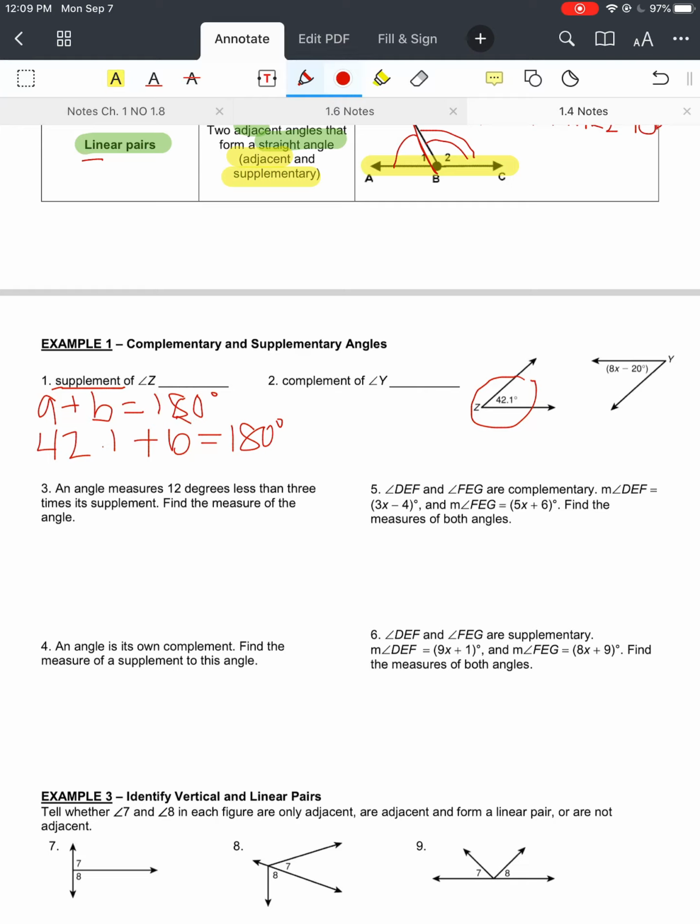So I could just subtract, because again, I'm trying to find B. I could subtract 42.1 from both sides. The supplement of angle Z, so not Z, Z is 42.1, but whatever this mystery angle is that we're trying to find is going to end up being 137.9 degrees.